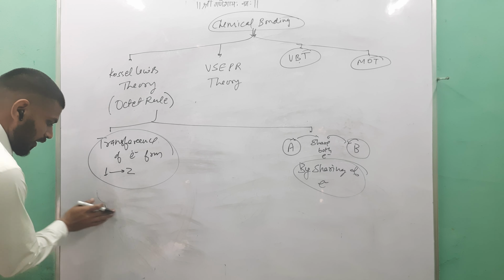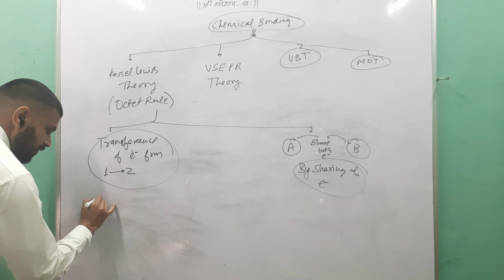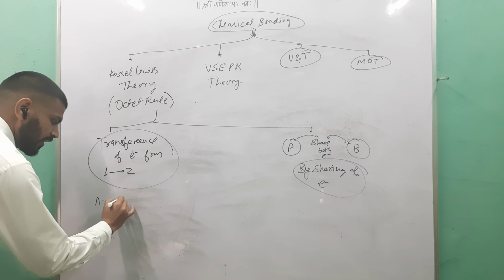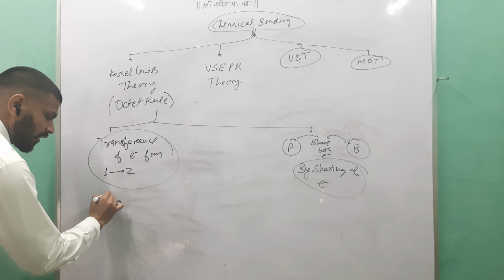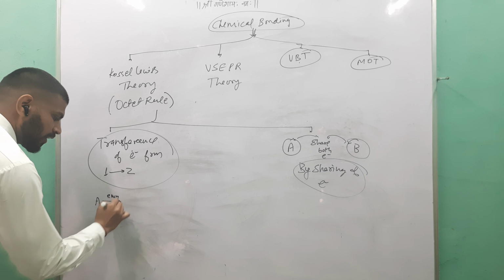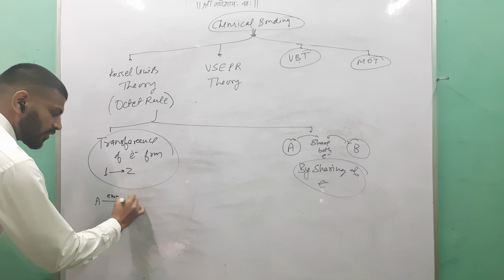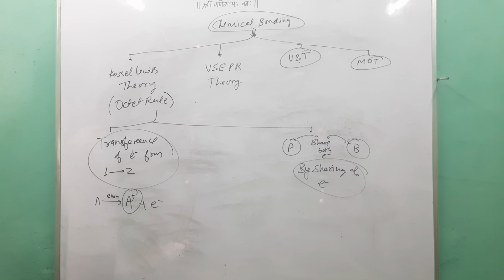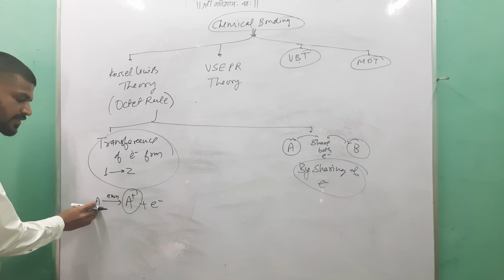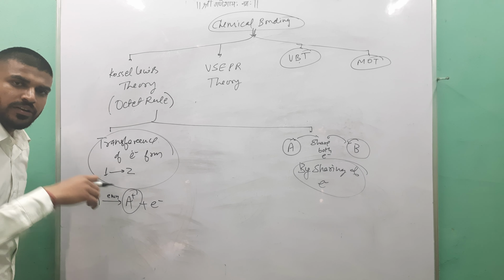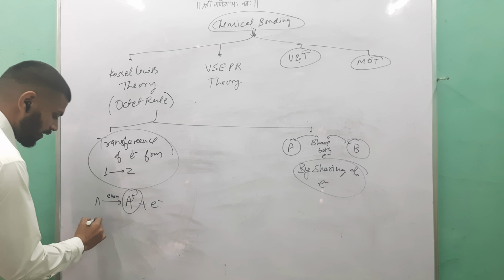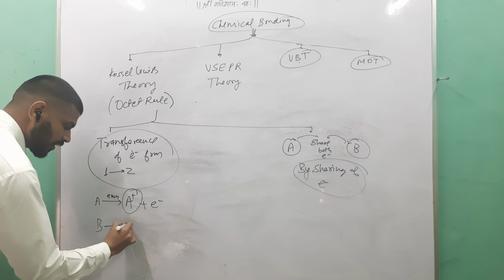Look, if I say we have an atom A, and after applying some kind of energy on it, it loses an electron and converts into a cation A plus. It is transferring an electron out of atom A.